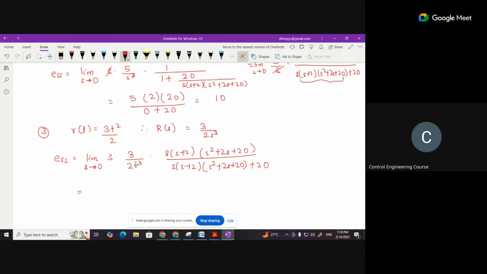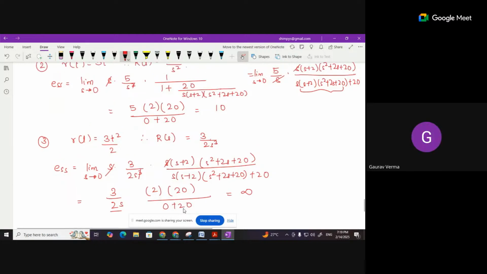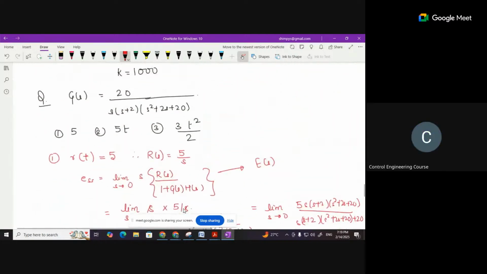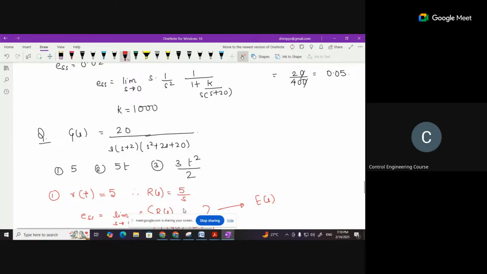See, here 3 by 2 s, and this is 2, 20, 0 plus 20. Correct? So since we have s in the denominator, this comes out to be infinite. Correct? So you could see how the steady state error of the system varies and depends on the inputs, right?